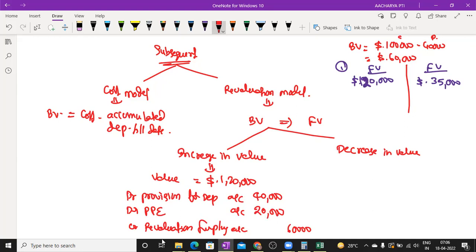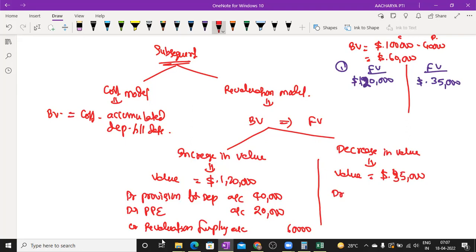Okay. Then in case of a decrease in value of an asset, here the value is 35,000. How much decrease? 25,000. The 25,000 is transferred to the statement of profit and loss.